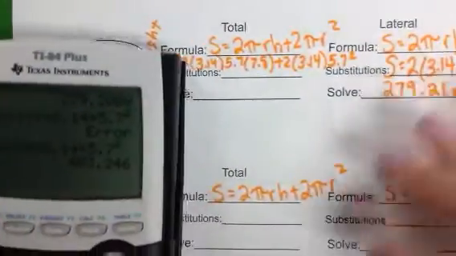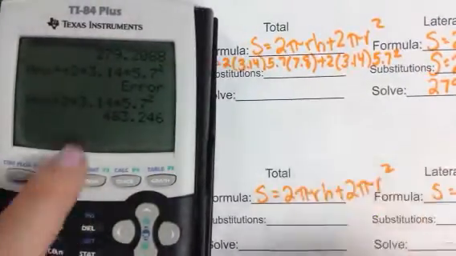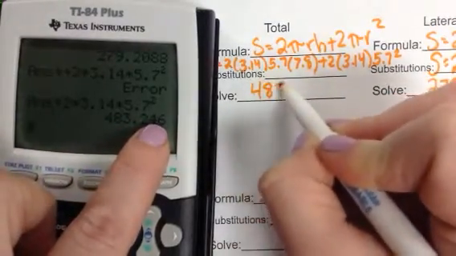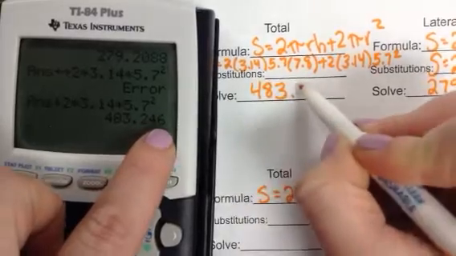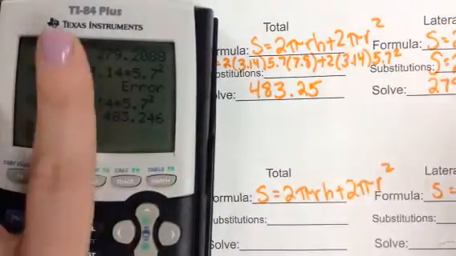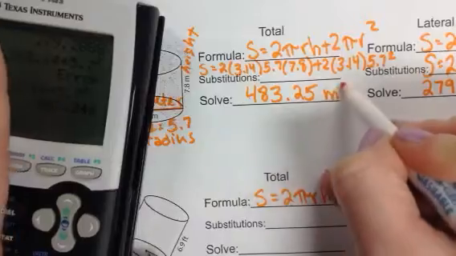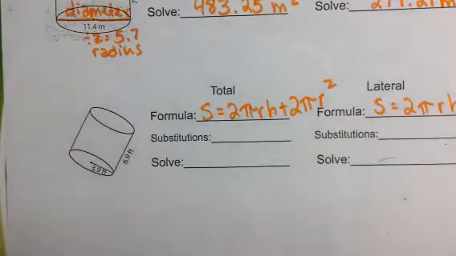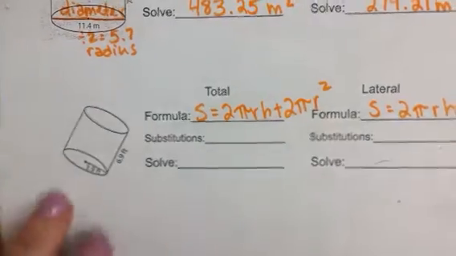For the total surface area, if I'm rounding to the nearest hundredth, it's going to be 483 and 25 hundredths meters squared. Okay, last example that you'll see me do, and then you'll have a page to do.